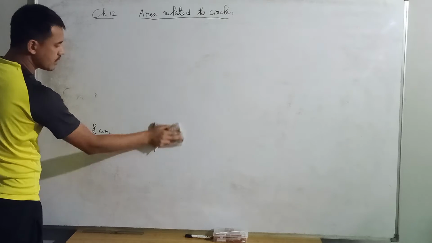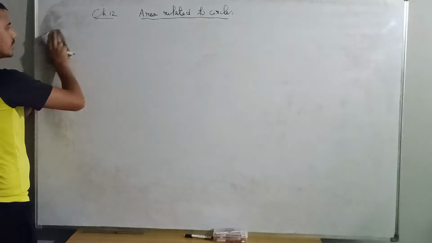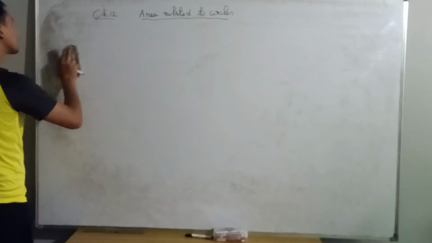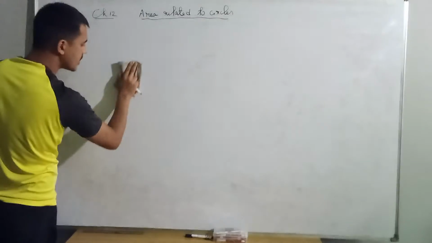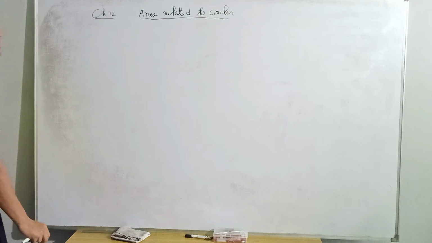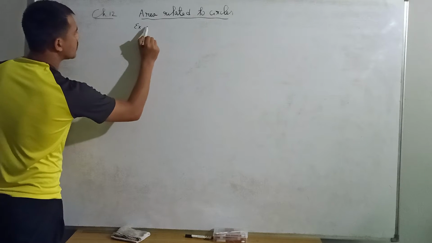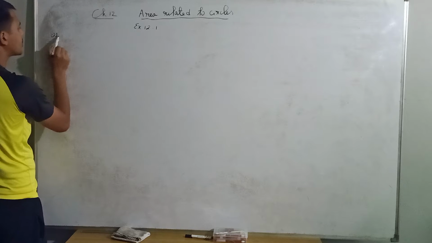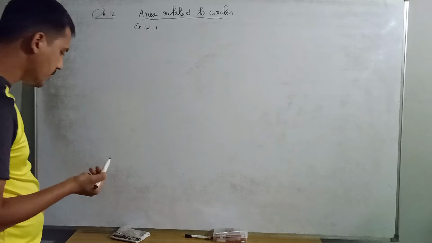So these are the only two facts that you need to know. The total distance around the circle is known as its circumference, and the plane surface enclosed in a circle is known as its area. So exercise 12.1, question number 1 from section B. Let me write down the question with the help of a textbook.